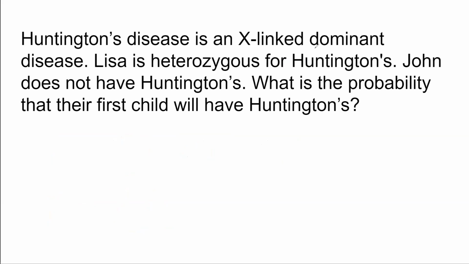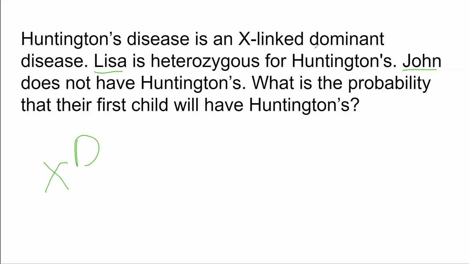So let's go over how we're going to do this. Lisa is a girl, and John is a boy. Huntington's disease is an X-linked dominant disease. What this means is that the X chromosome with a capital D contains the disease-causing allele.